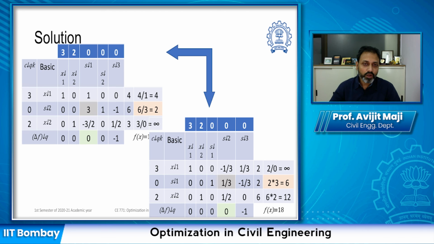In today's lecture, we also discussed a few special cases: if the constraints are of a different nature, or if we are trying to solve a minimization problem instead of a maximization problem, or in case our problem is unbounded, or if our problem has no feasible solution, or our problem has multiple optimal solutions.